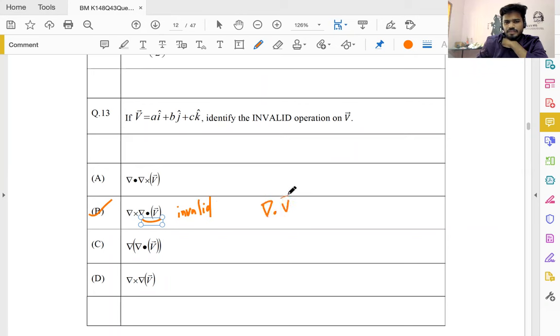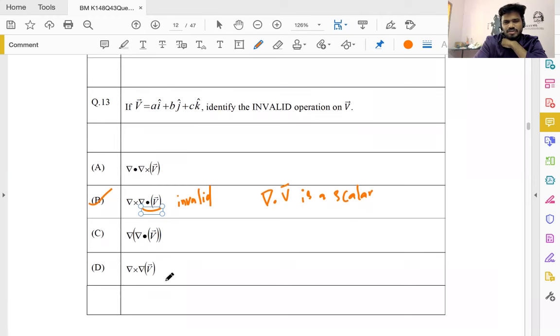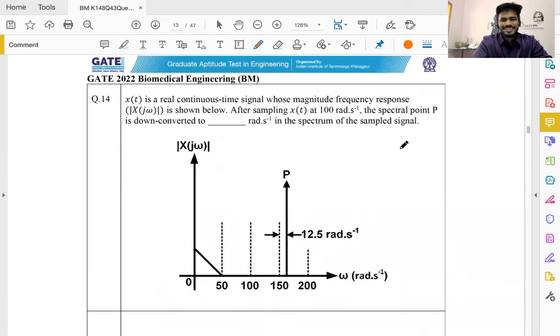Divergence of V is a scalar. You cannot do curl of that. You can take gradient of a scalar, no issue. Gradient of V is a vector. You can do curl of that. Again, not an issue.